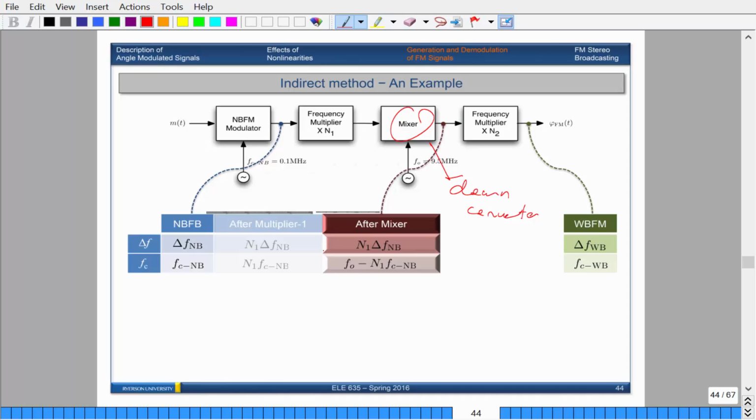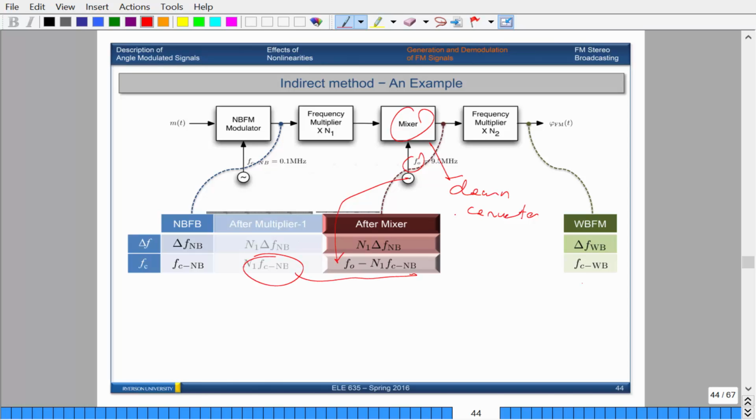After the mixer, you notice that the deviation stays the same, but the carrier frequency is going to change. So f of 0 is over here. You're going to take this and subtract with whatever the frequency is coming in. So remember, you have your components that are centered at the carrier frequency f of c, right? When you put it through a mixer, you're shifting it down by whatever f of 0 is defined as. So it's going to be f of 0 minus whatever the incoming is.